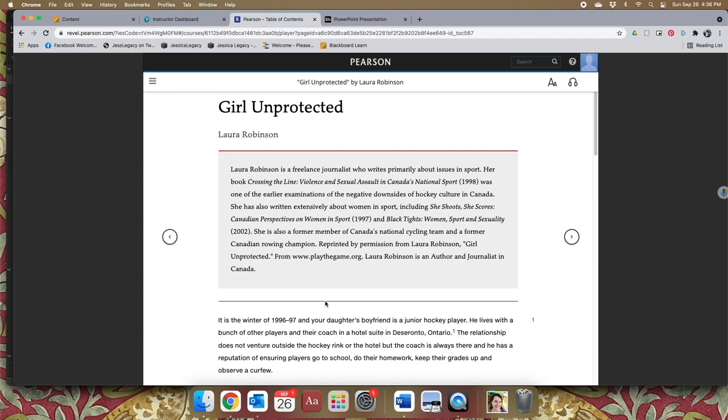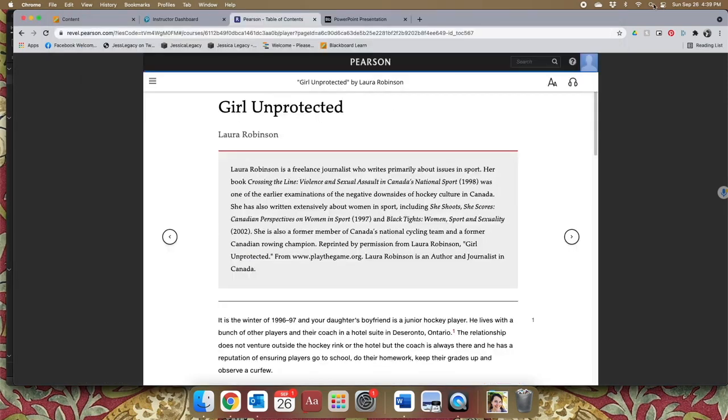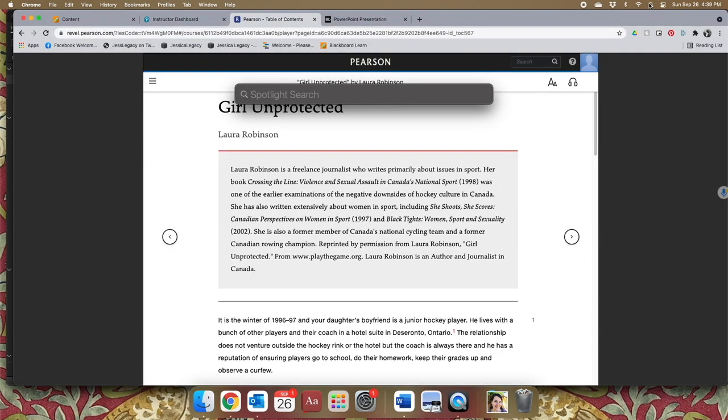Also thinking about the larger context, this essay is about hockey culture and some of the abuse that goes on, particularly within the context of the national pride of hockey within Canada. So I will also try to unpack some of that and figure out what it is about the context of Canada, the context of hockey.